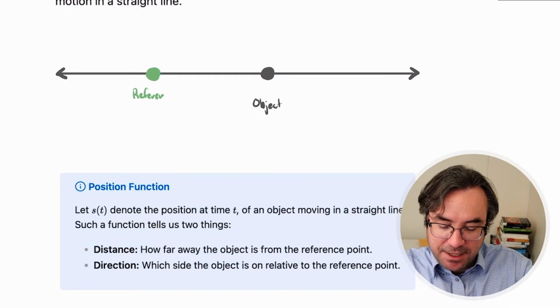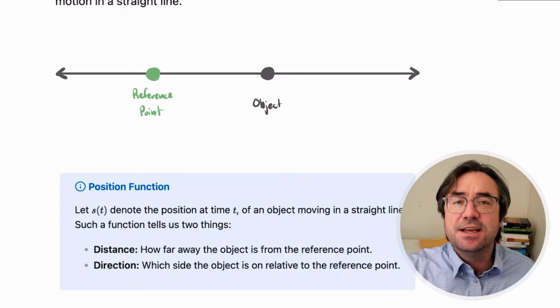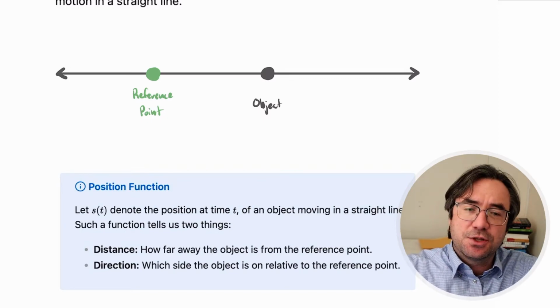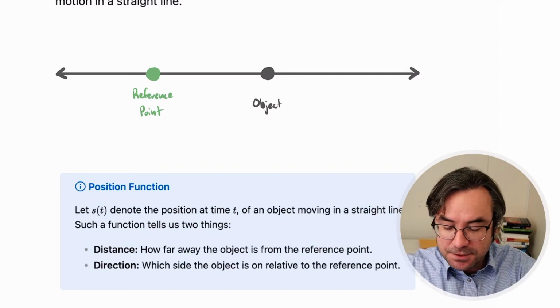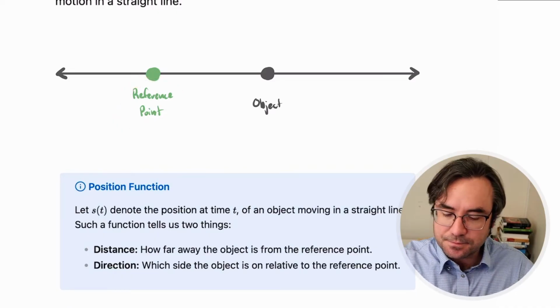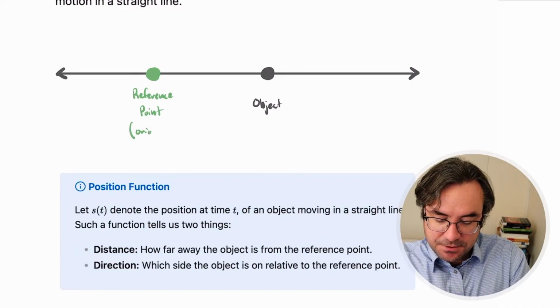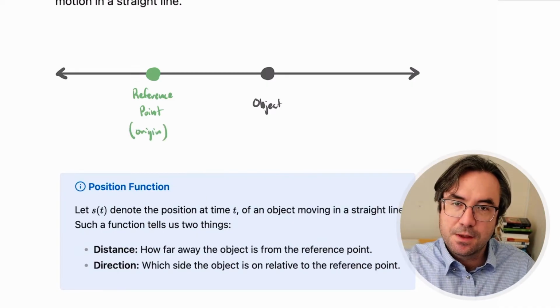So imagine like the x-axis or the y-axis. If we're doing horizontal motion, imagine just the x-axis. If we're doing vertical motion, imagine just the y-axis. The reference point then you can think of as like the origin.